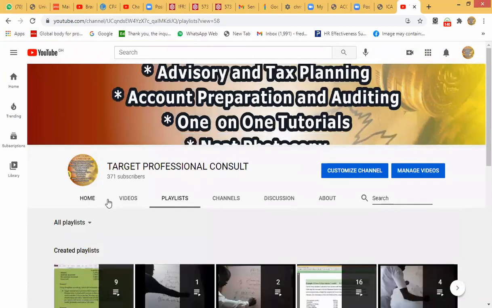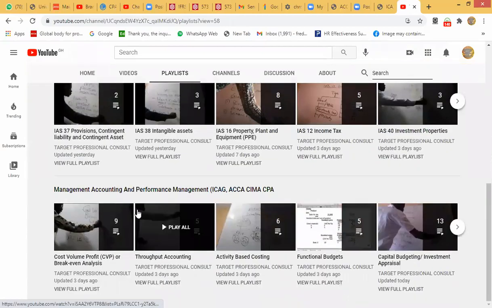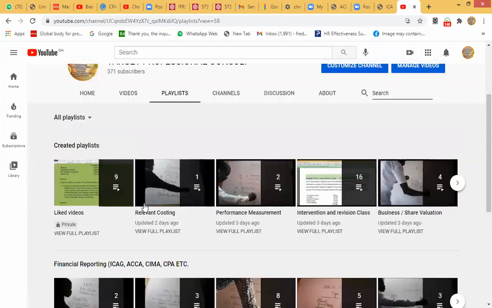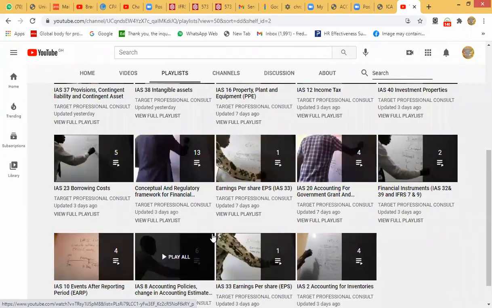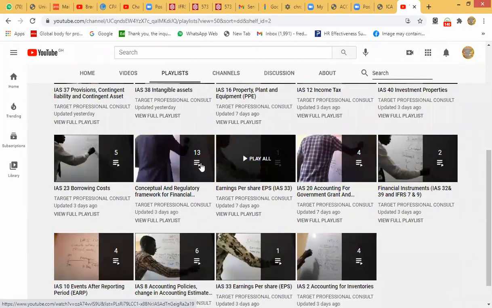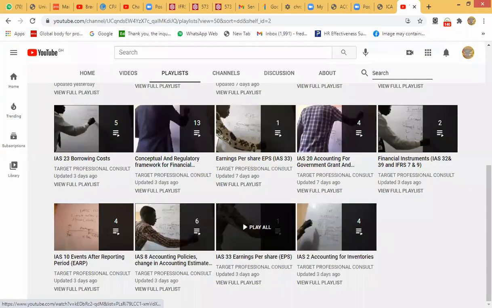Okay, so all of them are in there. You can see the preparation of financial statement. In fact, when you search it in, you will find it.